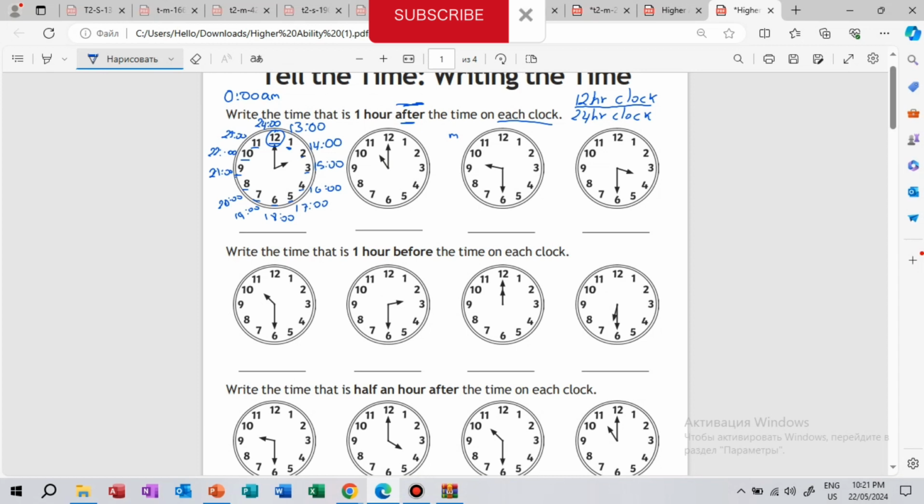So 1 will be 1 a.m. or 1 p.m. But on a 24-hour clock, 1 will be 1 a.m. in the morning and then 13 p.m. in the afternoon. Okay? So right here is a 12-hour clock. The second one is a 24-hour clock, and that is the difference.